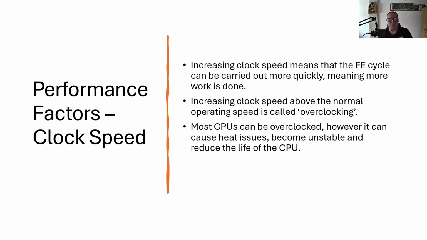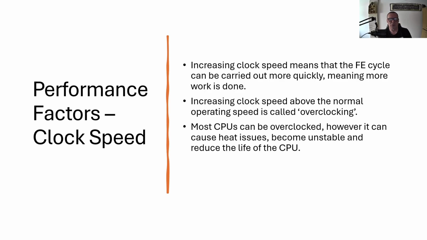So let's look at clock speed. Increasing the clock speed means that the FE cycle can be carried out more quickly, so we get more cycles done in a given period of time. And because each one of those is doing some work, that means that we get increased performance.